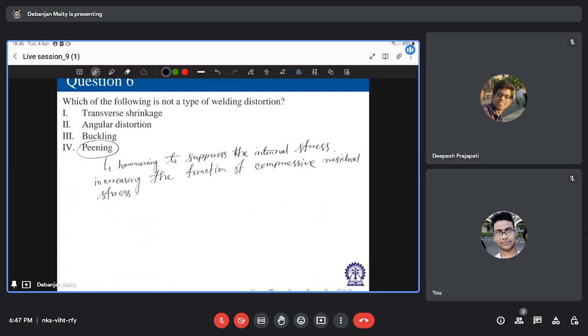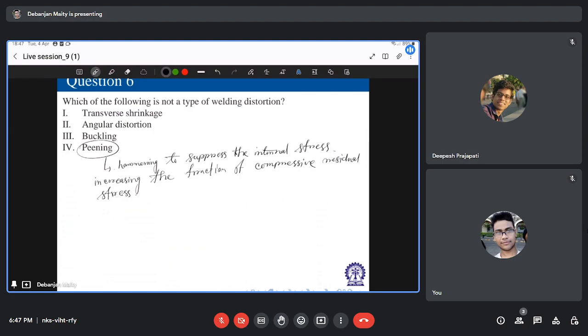There are three fundamental dimensional changes, as I was saying. There can be transverse shrinkage perpendicular to the weld line, longitudinal shrinkage parallel to the weld line, and angular change, which consists of rotation around the weld line.